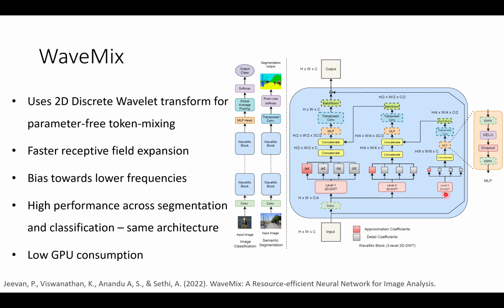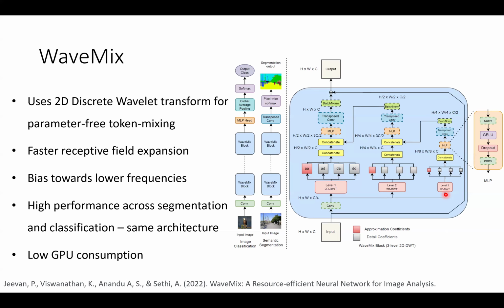Because wavelet transform decomposes the image into low and high frequencies: traditional CNNs have a bias towards higher frequencies, which is mostly a texture bias, whereas transformers were found to be biased towards lower frequencies, which is a shape bias. So there's a shape-texture bias that happens between these two models.